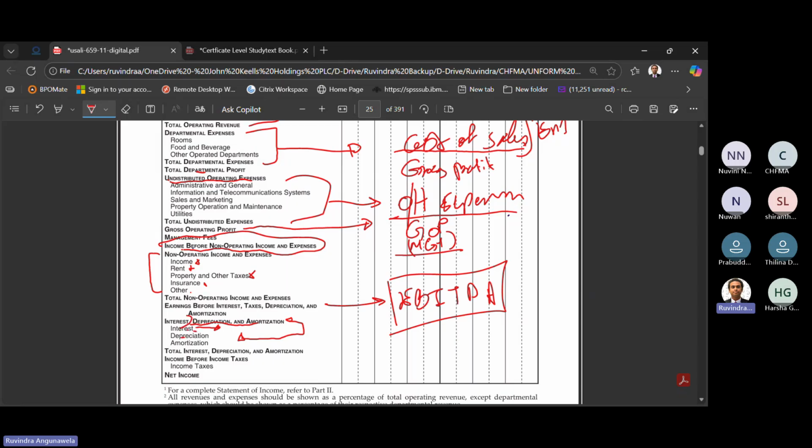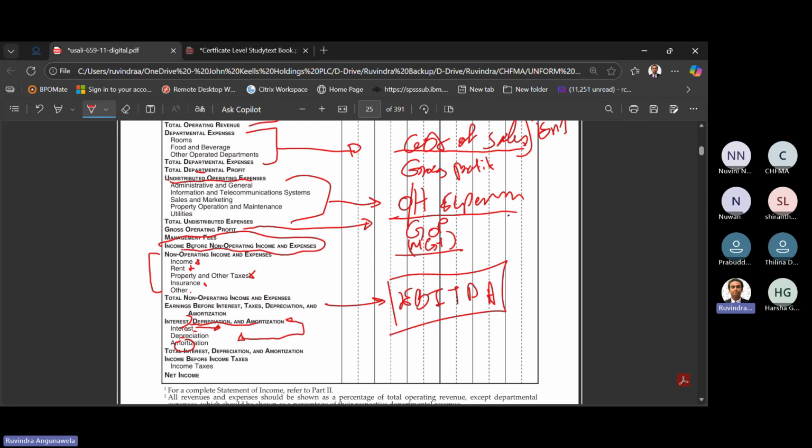Depreciation is basically the depreciation of your fixed assets, property, plant, and equipment. Amortization is also very similar, but this is for intangible assets, right? When you go into understanding financial statements and financial reporting standards, you will get to learn this in detail.